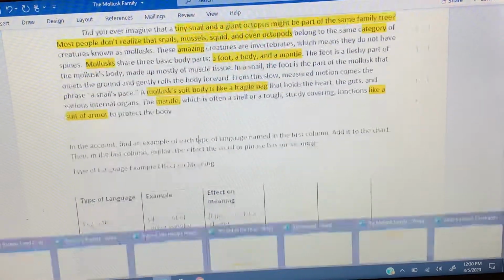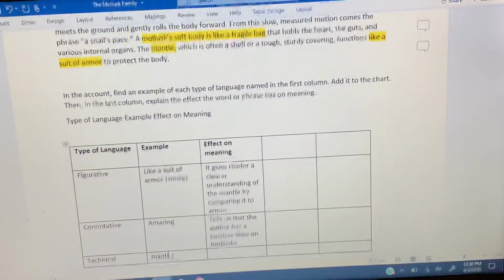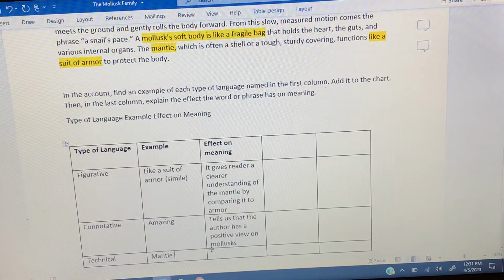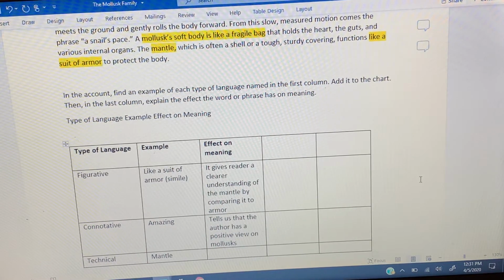So let's just put down mantle, for example. The effect that it has on meaning. Well, the effect of technical terms is it's a vocabulary that's shared by a closed group of people that allows them to talk about the content of their discipline in a way that's specific to them. So it's very specific.